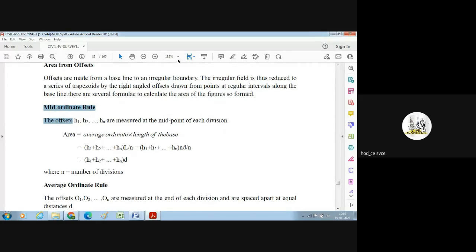First of all we have to calculate the mean height, h1 to hn divided by n, multiplied with its particular length. If each and every side length is the same, then we can use L directly. L equals N into D. Observe that one.